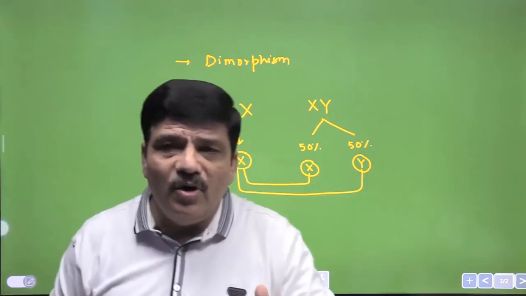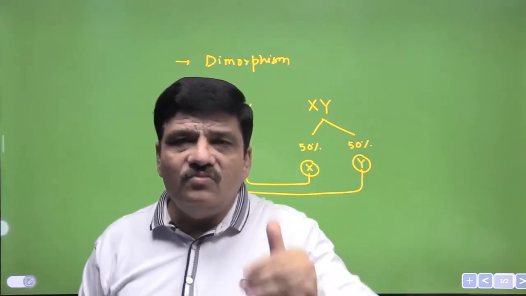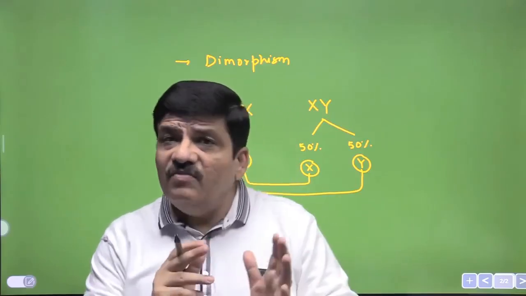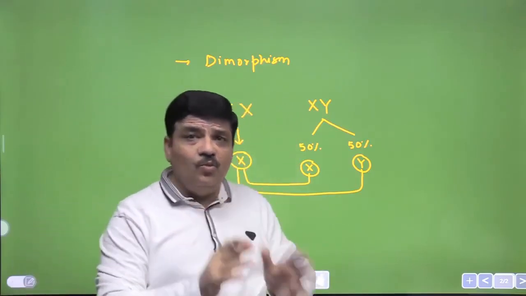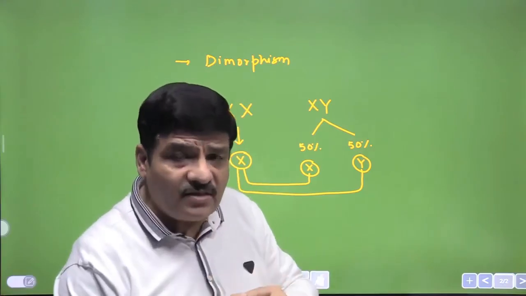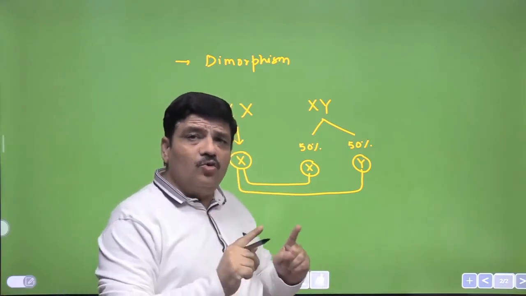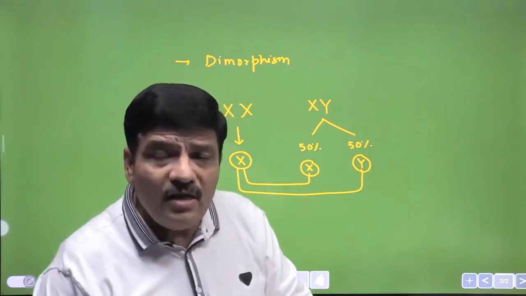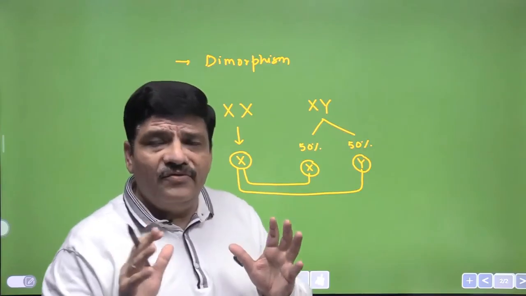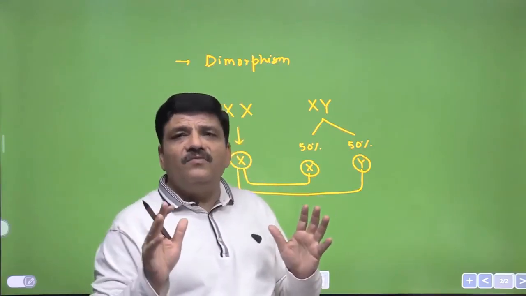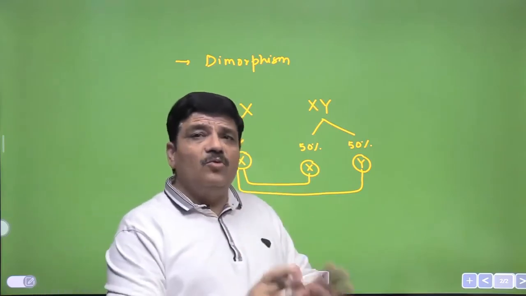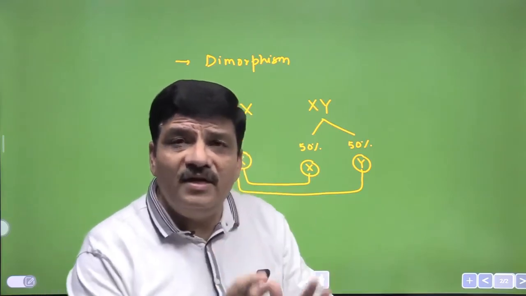One more important point is that in human beings, the Y chromosome is the male determining factor. We will see this in genetics as well, but it is prudent that we recollect the basic facts. That means if you look at the genotype of an organism, irrespective of the number of X chromosomes present, if there is a Y chromosome present, then it has to be genetically male.